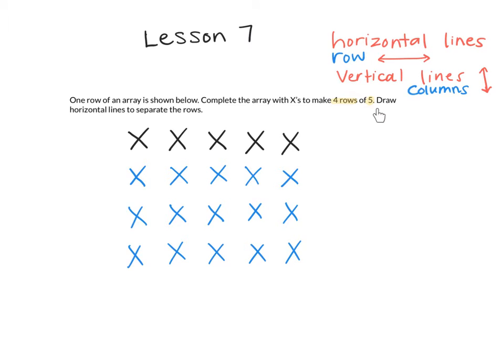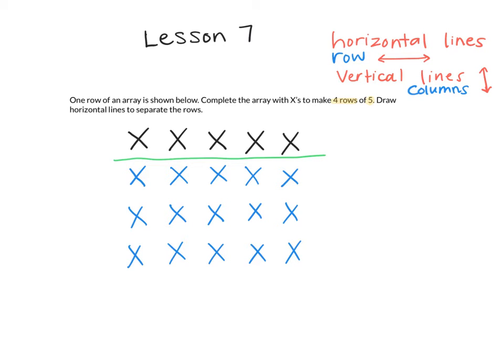The next part says draw horizontal lines to separate the rows. The word separate means to show that this row is different from this row. And we looked at the word horizontal, which means to go across. So I'm going to take my pen and draw a horizontal line. Now it's kind of like there's a wall between this row and this row. They are now separated by my horizontal line.